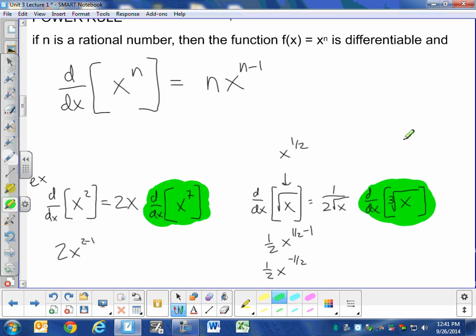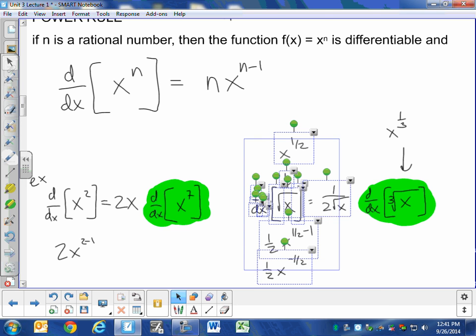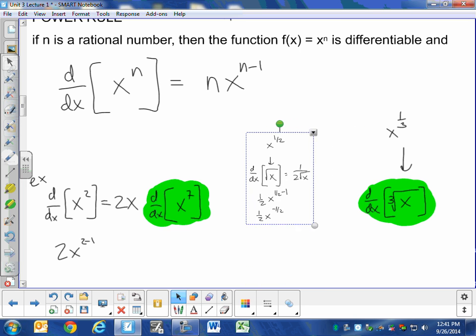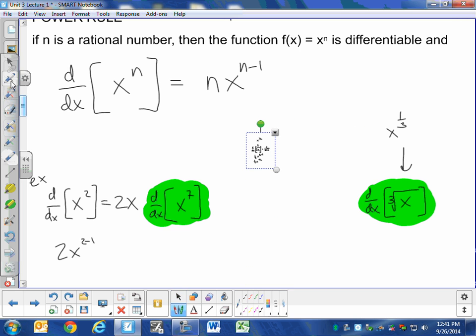We should know that the cubed roots can be written as x to the 1/3. It can, but it's good to be able to rewrite it.